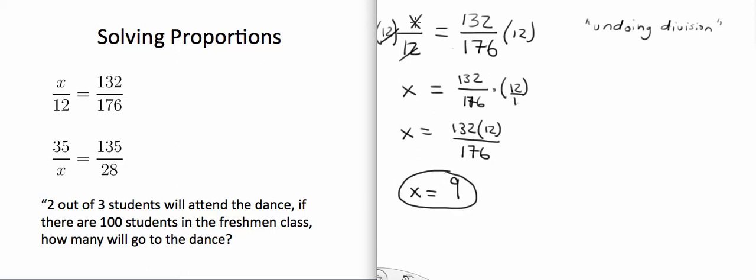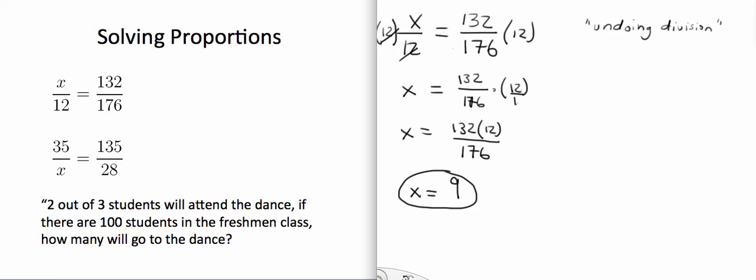If we put 9 into this, we'd have 9 over 12 is equal to 132 over 176. If we put both of them into decimals, we'd get the same answer. You can do cross multiplication, I'm okay with that. Take x times this times that. You'd end up doing the exact same stuff. I'm just doing it a little bit differently.